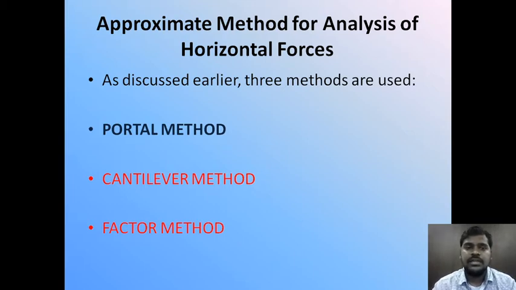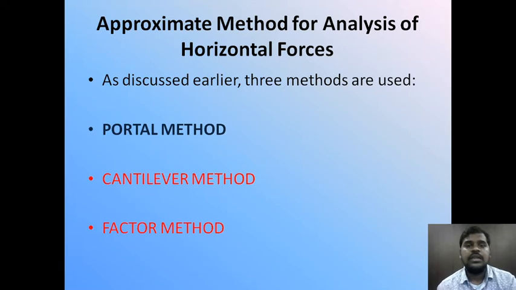As discussed in the previous videos of approximate methods, we have four important approximate methods for analysis. The first method is portal method, and cantilever method, and also factor method.